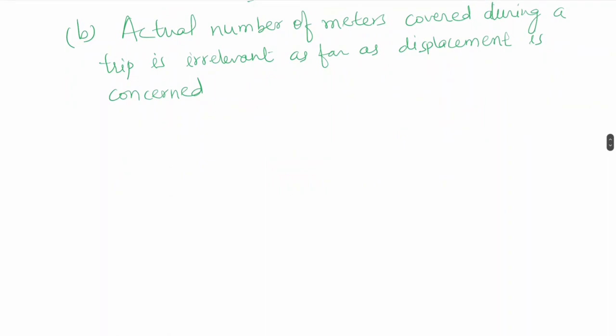Let us try to understand this statement with the help of an example. So let there be a particle which is initially at xi is equal to minus 2 meter. Then it moves to, let us say, another point x is equal to minus 5 meter, and from there it turns back and goes up to a point xf is equal to plus 1 meter, and it stops there.